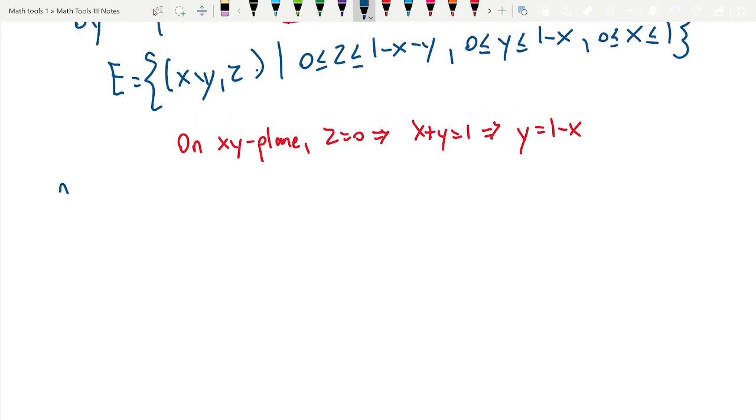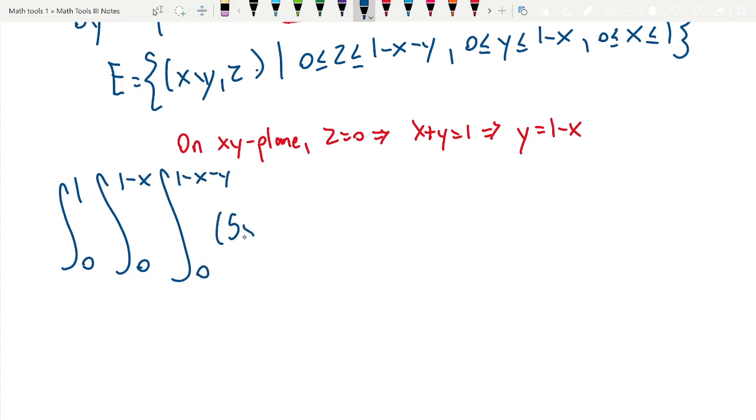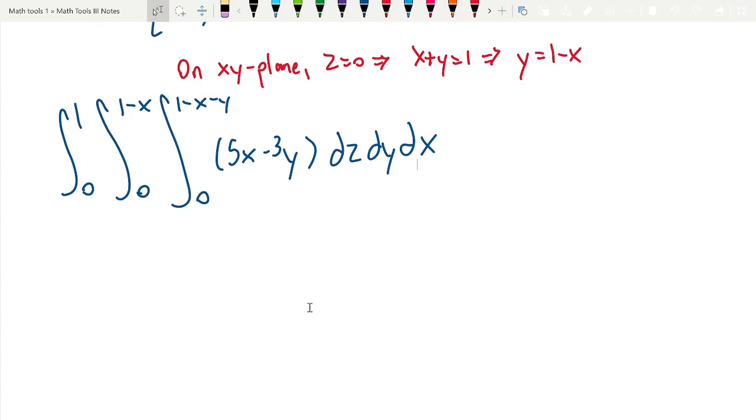So now if we just go ahead and look at the integral, it's going to look like this: 5x minus 3y dz dy dx. Okay. So we go ahead and do the first one.